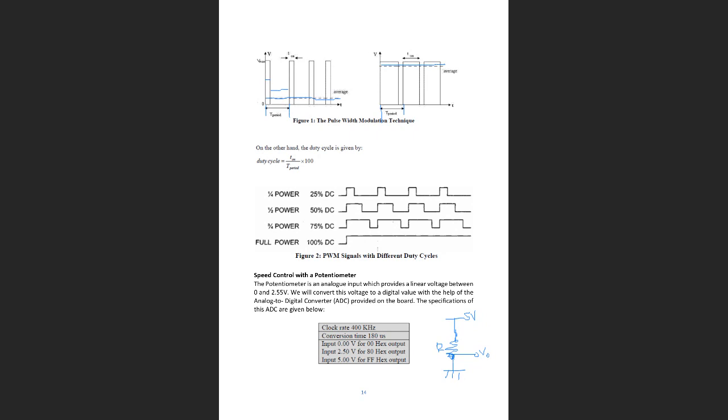The off time of a period is more than the on time. And if the voltage is high, then the on time is higher than the off time. If the voltage is at maximum, the motor operates at maximum speed, and at that time the off time is minimum compared to the on time.